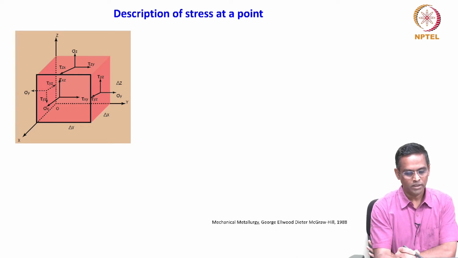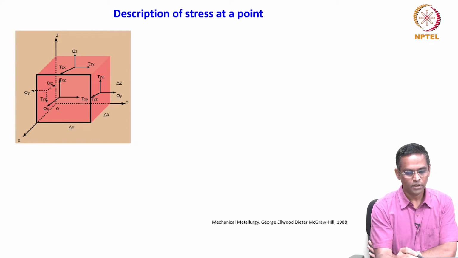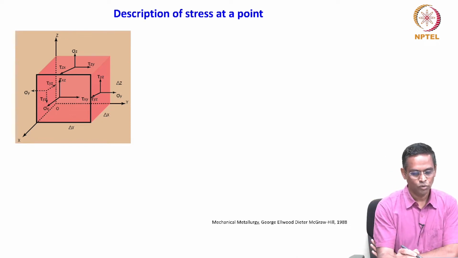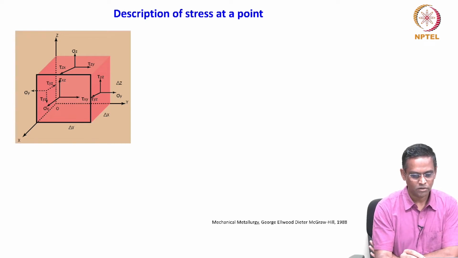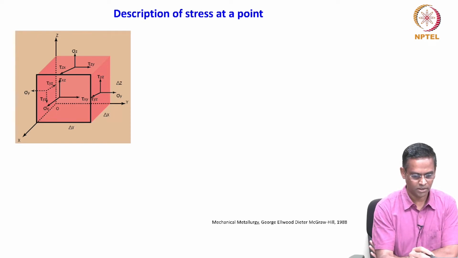But if you look at the shear stresses, there are two shear stresses on each plane, like I mentioned before. Why are there two subscripts for shear stresses, while for normal stresses only one subscript is given?